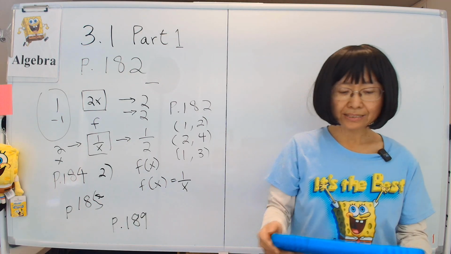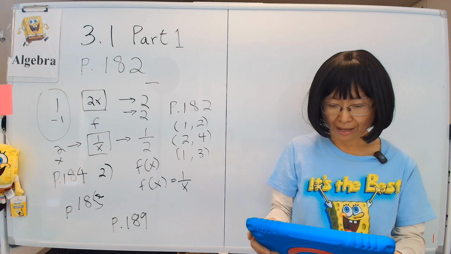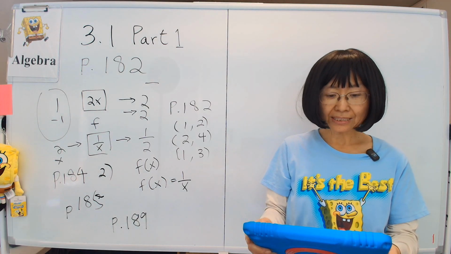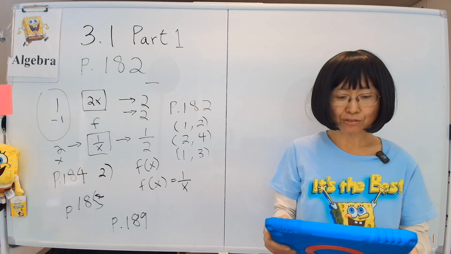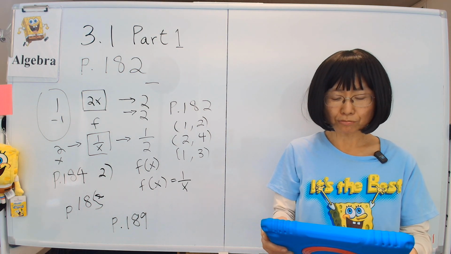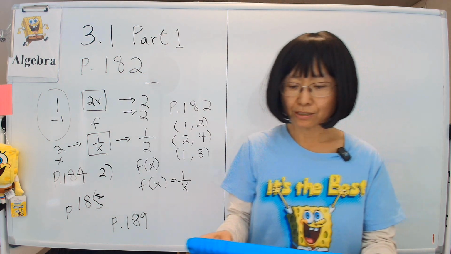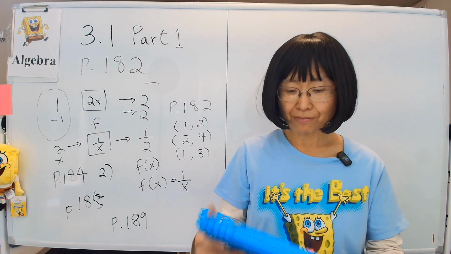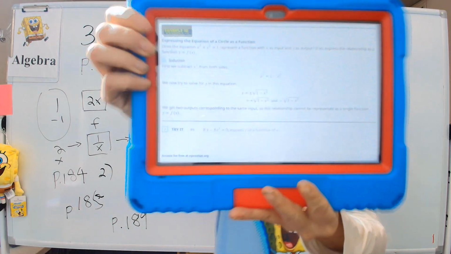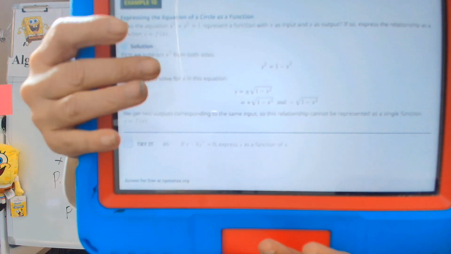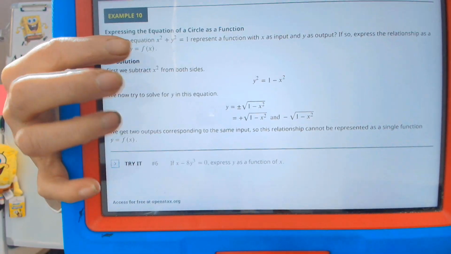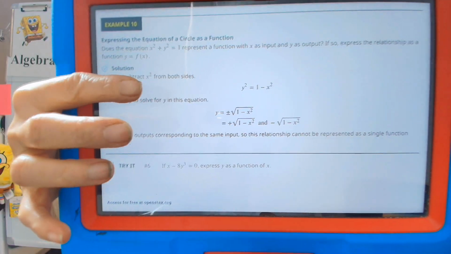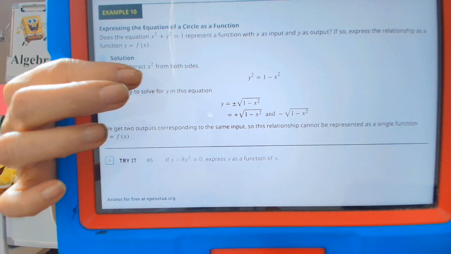Next, let's look at example 10. We have a function. Well, actually, we have some equation called x squared plus y squared equals 1. Now, if you're trying to pull y out of here, then very soon you will end up taking the square root. So from x squared plus y squared equals 1, you want to isolate y.